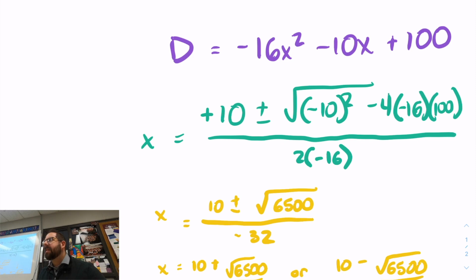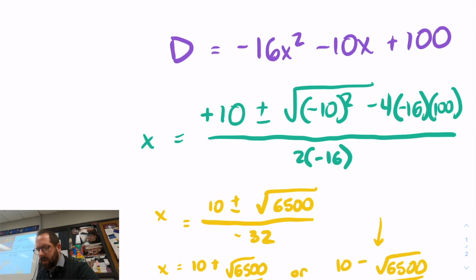The reason is I need this x, this time, to turn out to be positive. So 10 minus the square root of 6,500, that's negative 70, and then I'm going to divide by the negative 32.